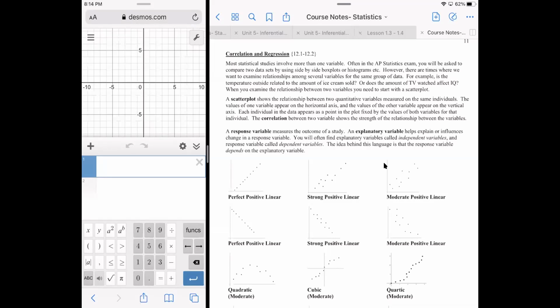And then moderate would be a looser organization of values where sometimes they increase, but sometimes they don't. If you have a perfect relationship between two variables, that's great. That's what we want. Perfect linear means a linear function is the best model, like a line equation would be the best model to use as a predictor.